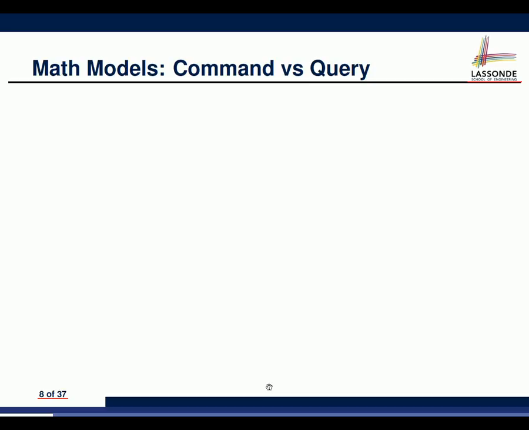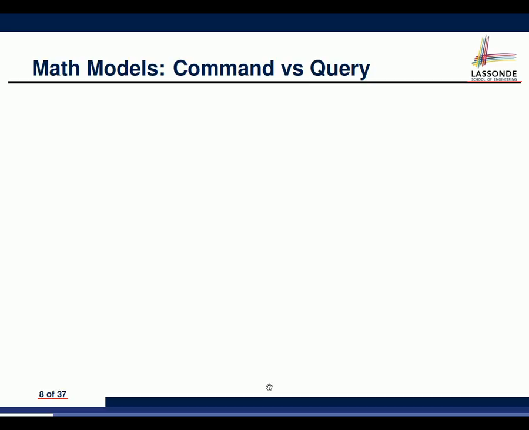Okay, so now let's see the next one. I want to show you a little bit of code. For the math models, this is also something you have picked up already from the previous lab. I'll mention that very quickly. For every math model class, let's take a sequence for example, and the same applies to relation and function, you've got 2 kinds of features you can call, either a query or a command.